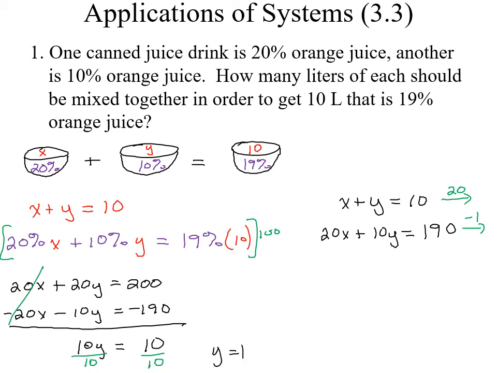Now the easier one to plug this into is actually the top one up here, that I could say x plus y, which was just 1, equals 10. So x was apparently 9. My pen keeps putting extra things on there for some reason. And so x ends up being 9.